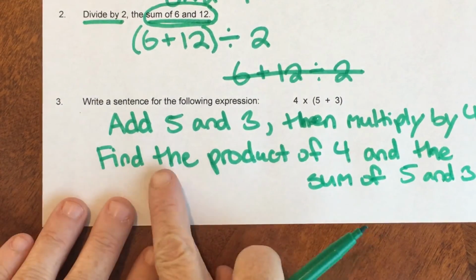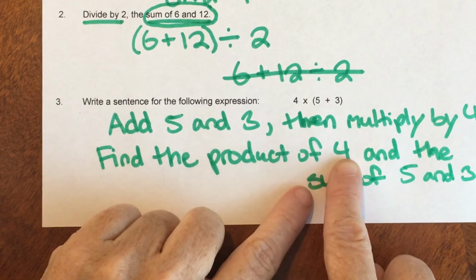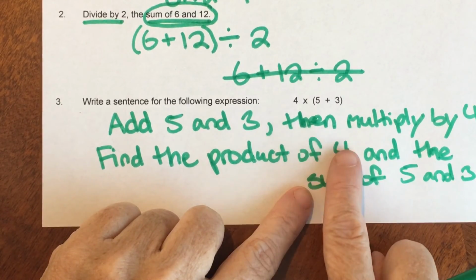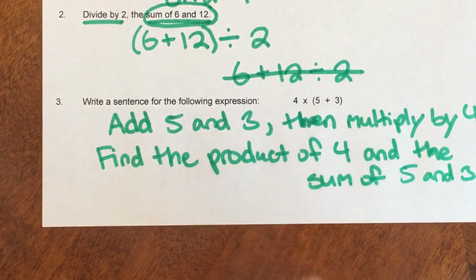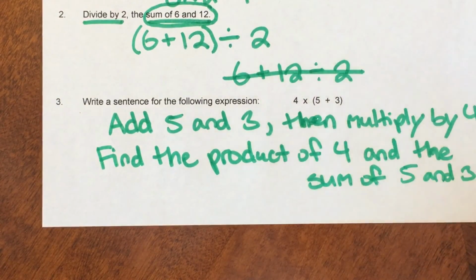So this one says I'm going to find the product, which means I'm going to multiply 4 and the sum of 5 and 3. So there's many right answers for these. The key is you have to make sure you hit both parts and you made it clear which one you want to happen first. Okay, tonight's homework, you have 4 problems, and then please rate your understanding.